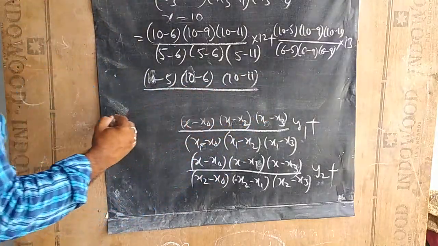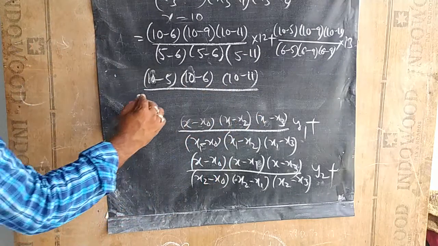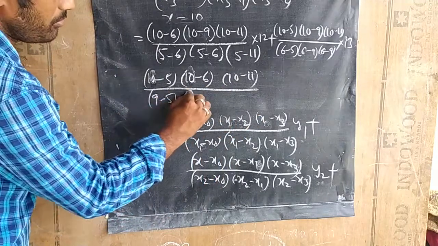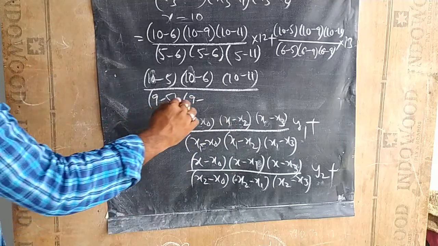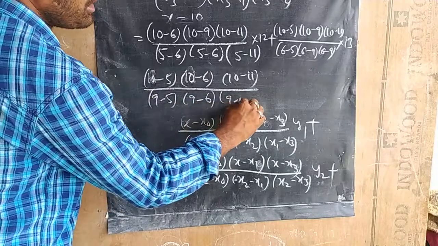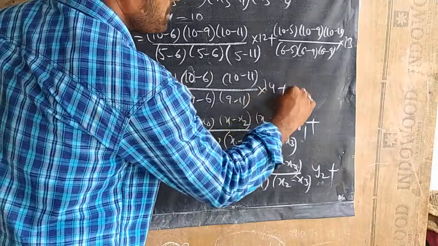divided by 9 minus 5 into 9 minus 6 into 9 minus 11 into, what is the value here? 14. So the 14 value we have to substitute.